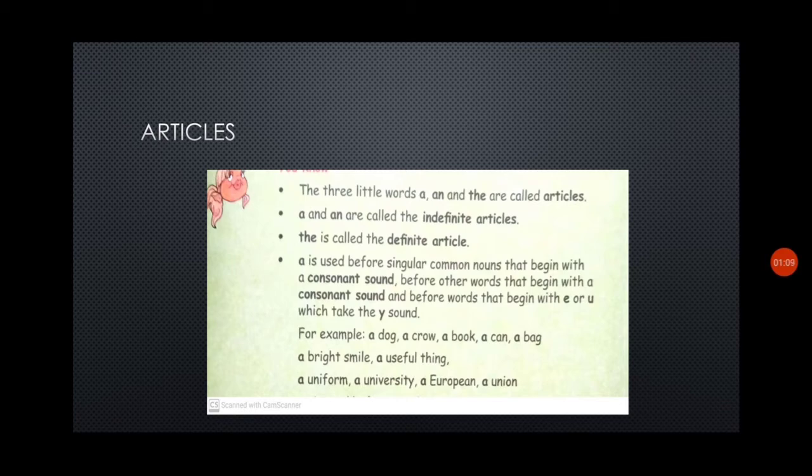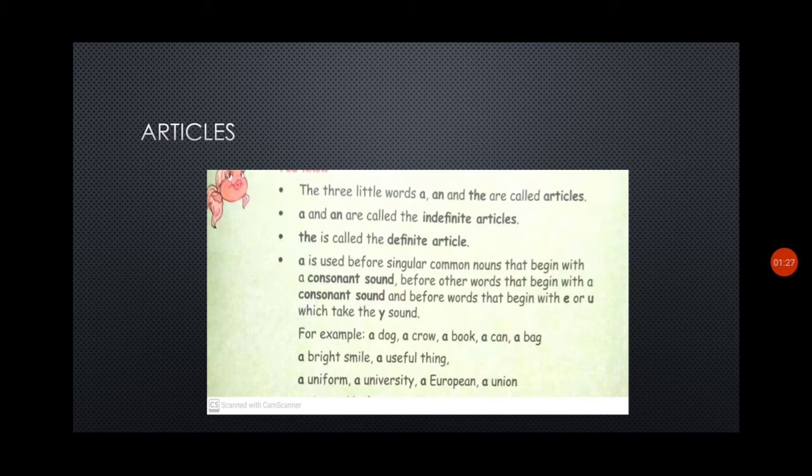For example, milk, water, sky, these are uncountable nouns. So, as a general rule, a or an is placed before a countable noun. Always remember, and in the singular number.